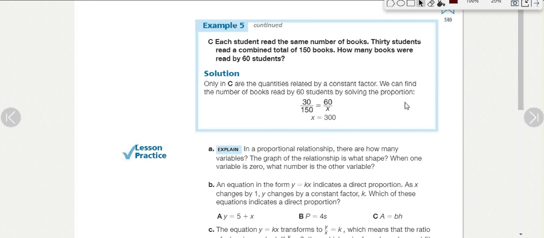Letter C is proportional because each student read the same number of books. 30 students read a combined total of 150 books. How many books were read by 60 students?